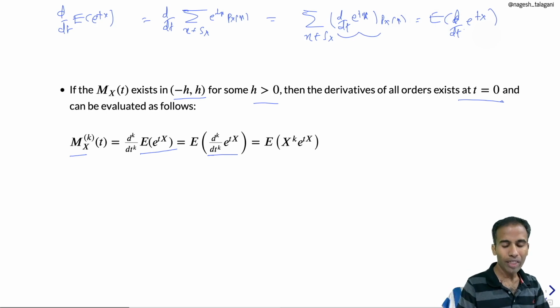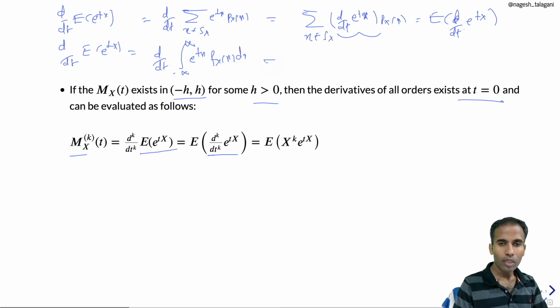In the same way, if x is a continuous random variable, expectation of e power tx means we write integral minus infinity to infinity e power tx f of x dx. If you want to differentiate with respect to t, due to Leibniz rule, we can actually perform this differentiation with respect to t under the integral sign.